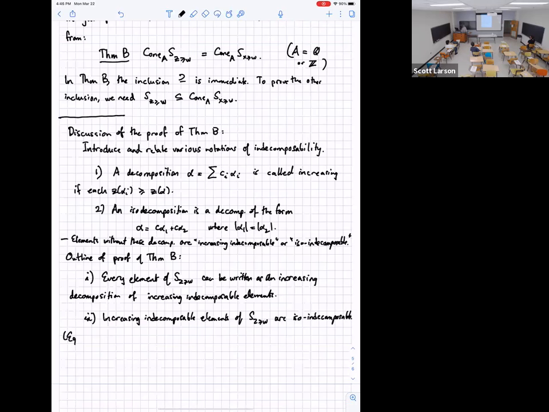Or equivalently, taking a contrapositive, iso-decomposable elements of S, Z bigger than or equal to W have an increasing decomposition.